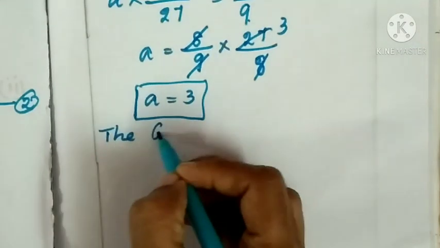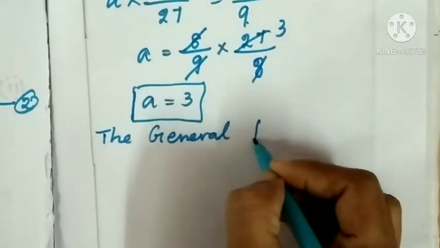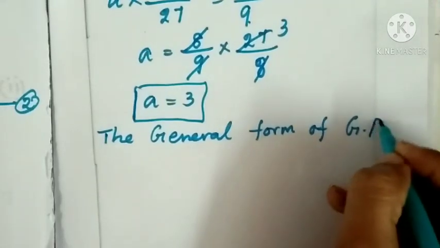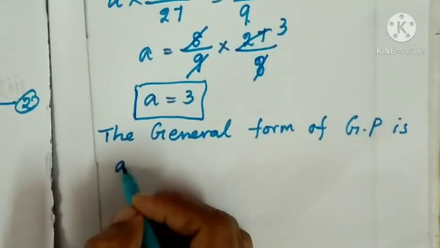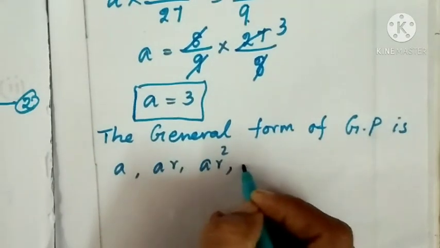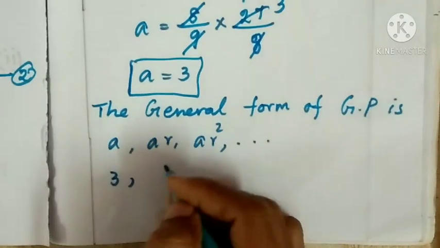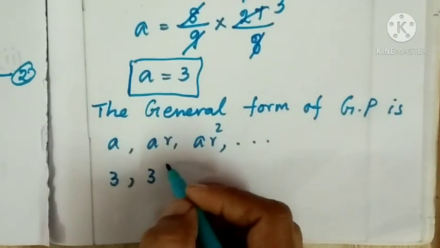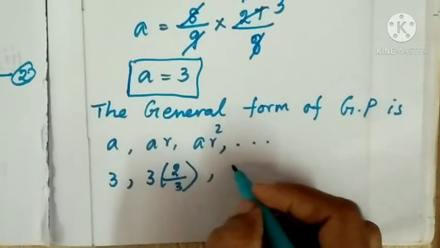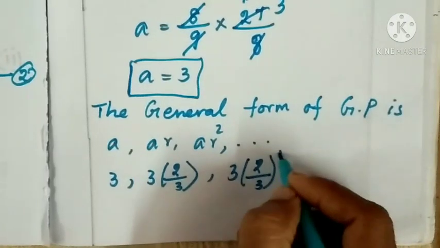The general form of GP is A, AR, AR squared and so on. Here A is 3, 3 into R is 2 by 3, again 3 into 2 by 3 the whole square.